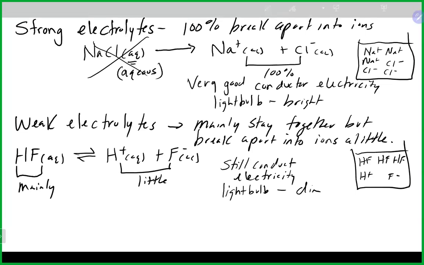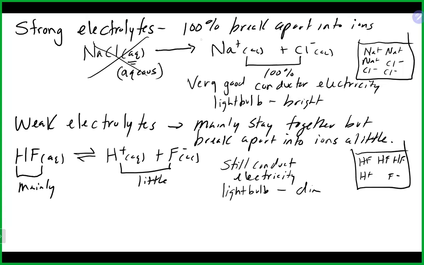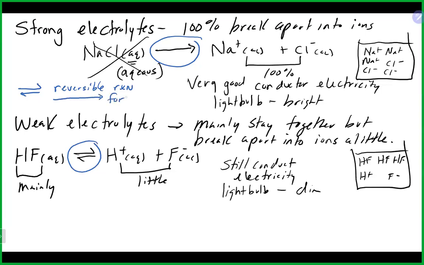One of the main differences that you see when you look at how these equations are written is that a strong electrolyte has a one-way arrow. Typically, weak electrolytes have two arrows, one heading in both directions. Because it has arrows heading in both directions, this represents a reversible reaction. Going from reactants to products is what's known as the forward direction of that reaction.